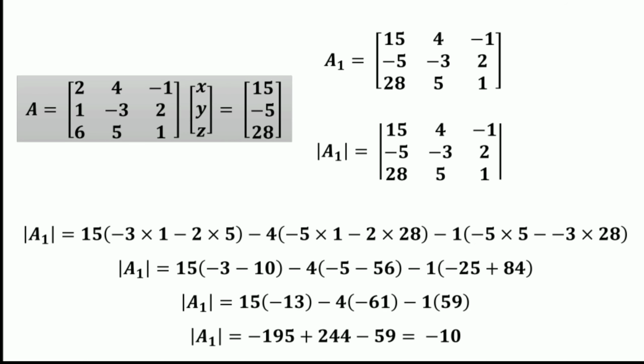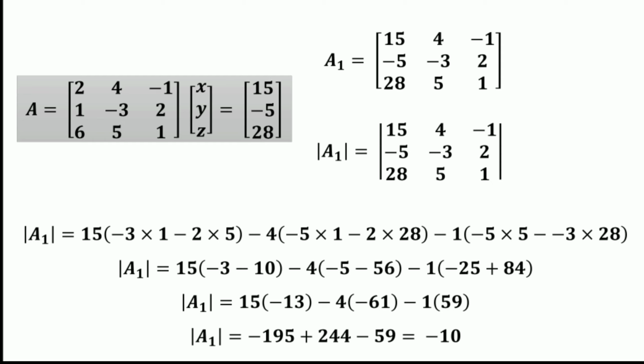Then the next step is to form another matrix, which is known as A1. For forming the matrix A1, we have to replace the first column coefficients with the column vector of constants. So the first column coefficients 1, 2, 6 are replaced with the constants, that is 15, minus 5, and 28.